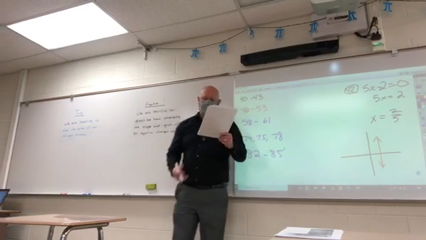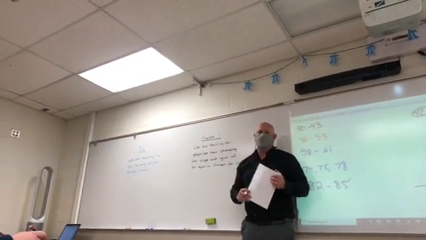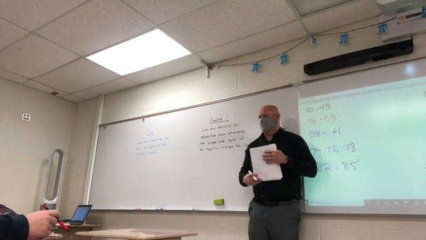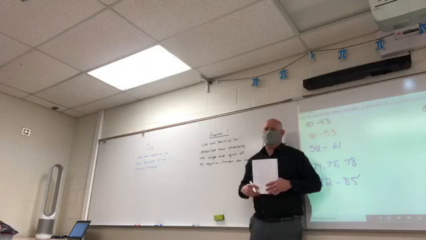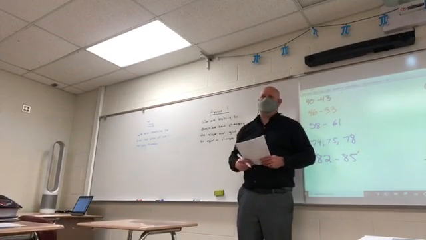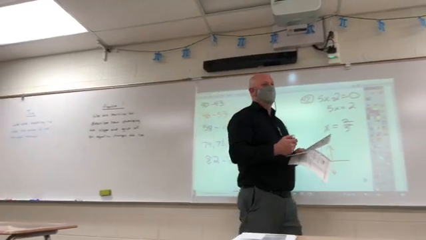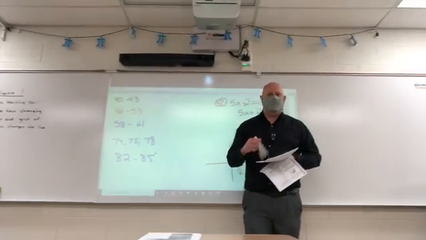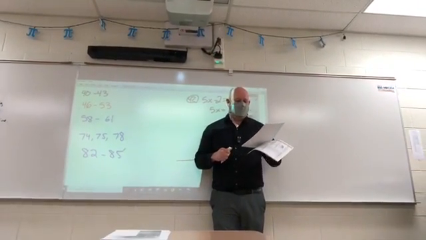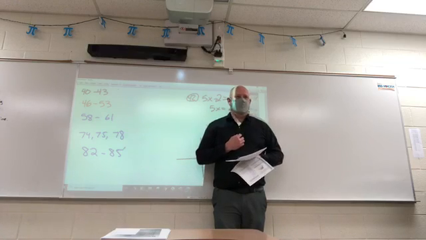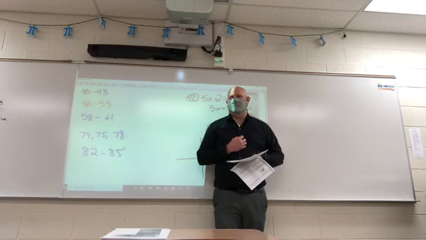Okay? These questions are very, very similar to what your quiz tomorrow is going to look like. I would right now circle the ones that you have to do, cross out the ones you don't have to do. Okay? Quiz tomorrow. Over the same material.